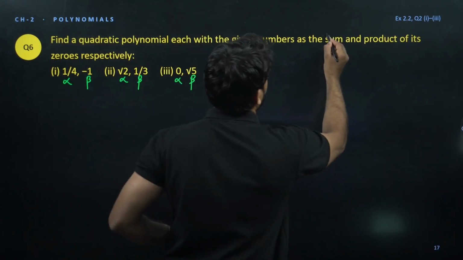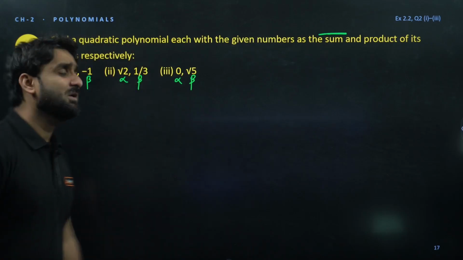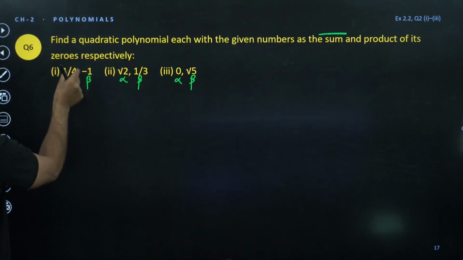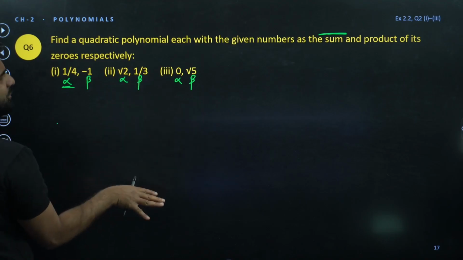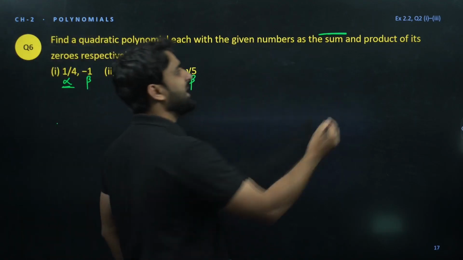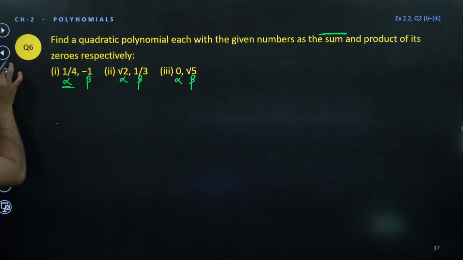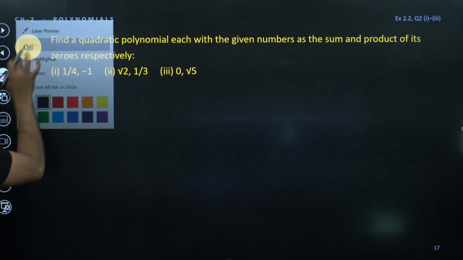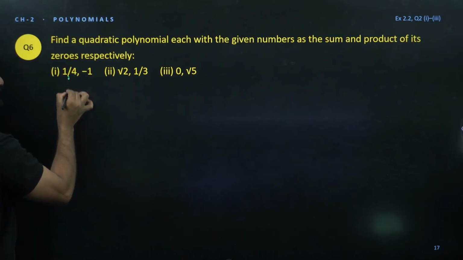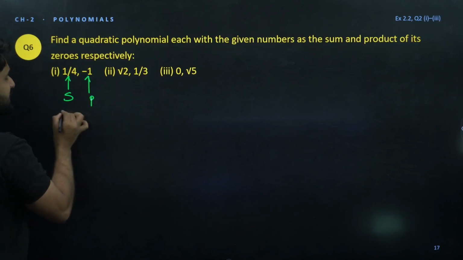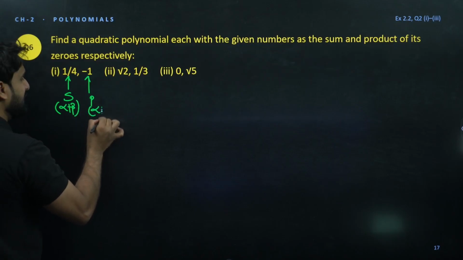So this is not a zero. Basically this is given to you directly as a sum. Sometimes the question might be in terms of the zeros themselves, but here the sum and product of its zeros are given. These are the sum of the zeros, and this is the product of the zeros. Sum of zeros means alpha plus beta, and this is alpha into beta.